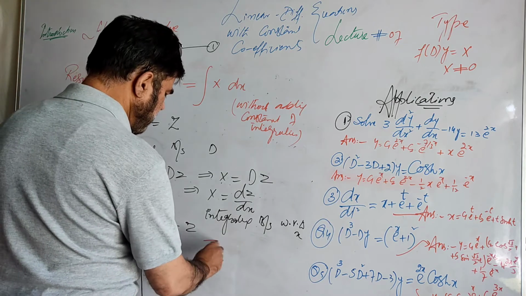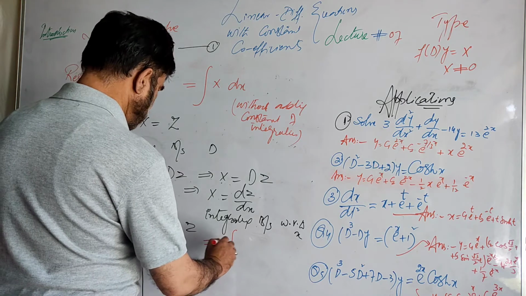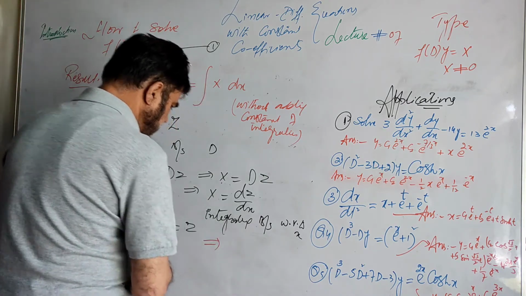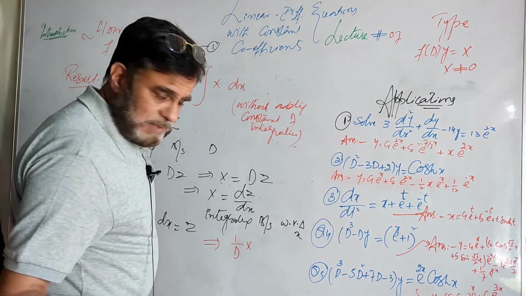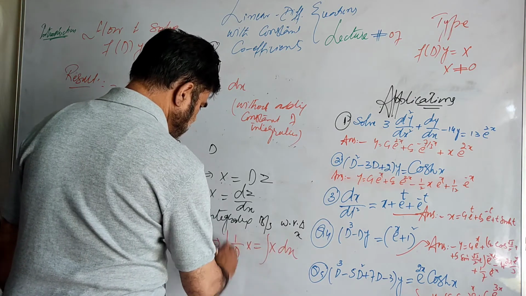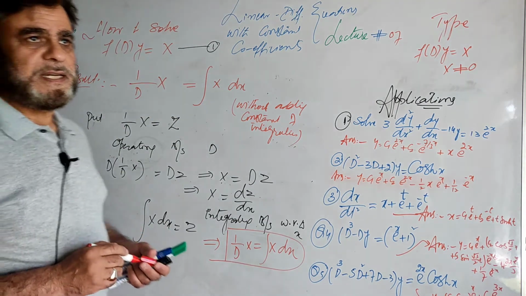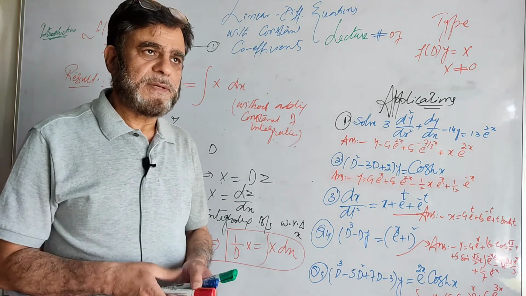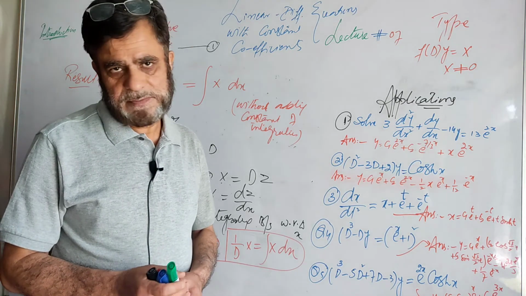this result, that z is your 1 by D of X. X is any function of x, remember it is always the integral of X dx. So this also proves, we here also use that 1 by D is the inverse operator of D, when D stands for d by dx, and in the future course of solving problems, wherever I get 1 by D, I will use it for integration.